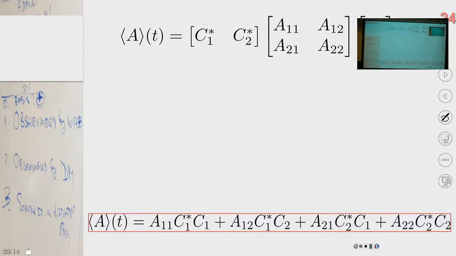And if you have only expansion coefficients and matrix elements, instead of this explicit formulation, we can write it down as a row vector times a matrix times a column vector. It will be C1, C2, a column vector.